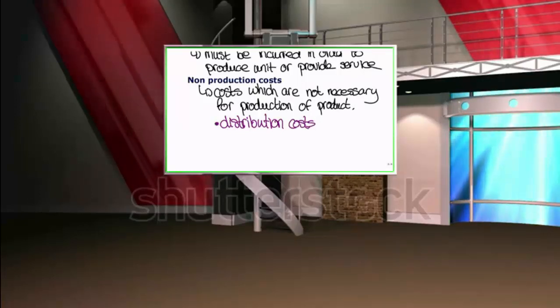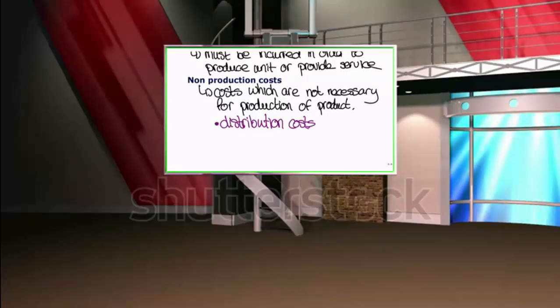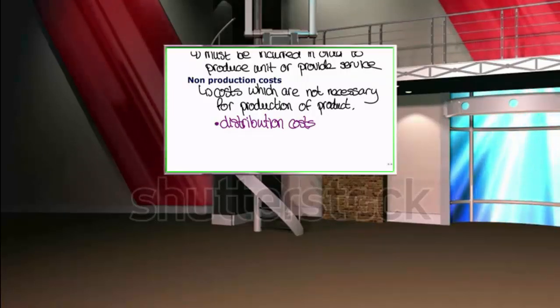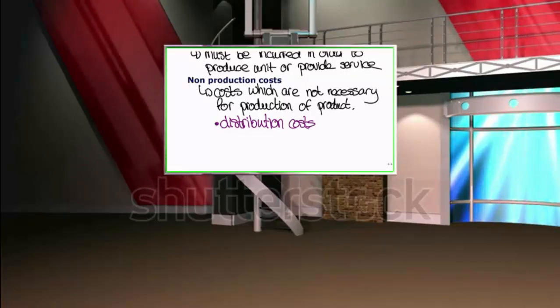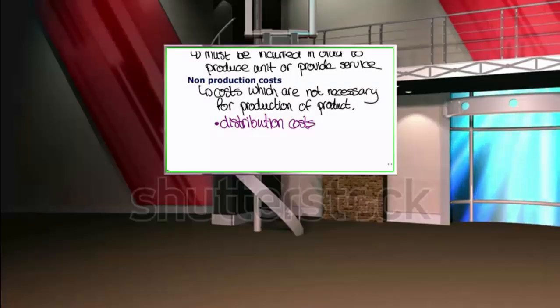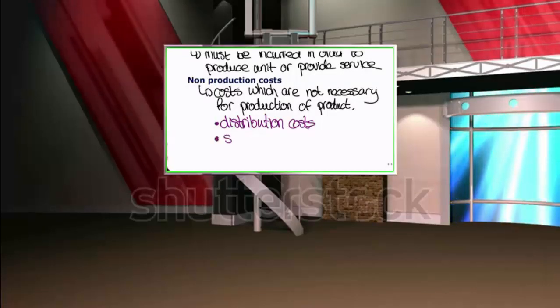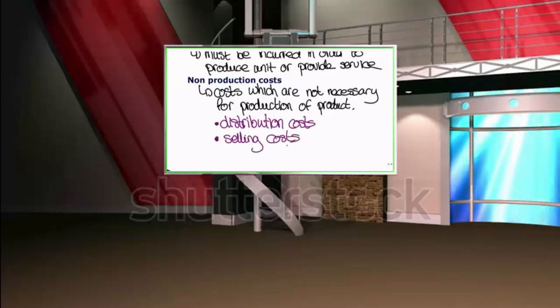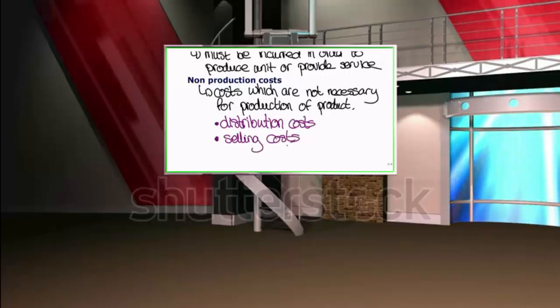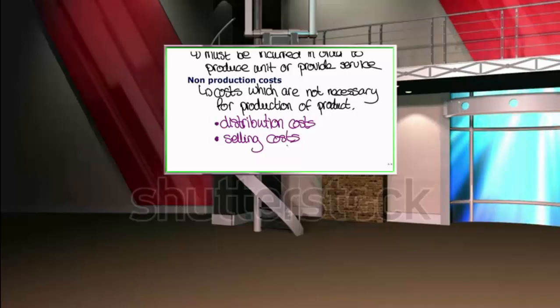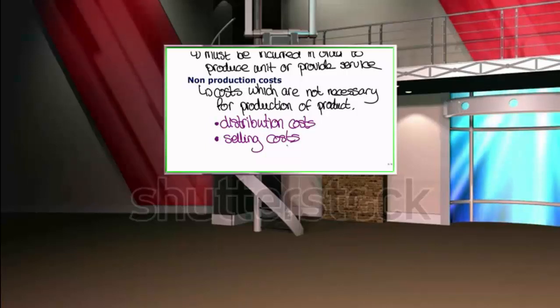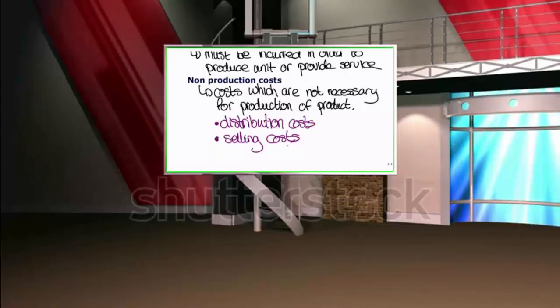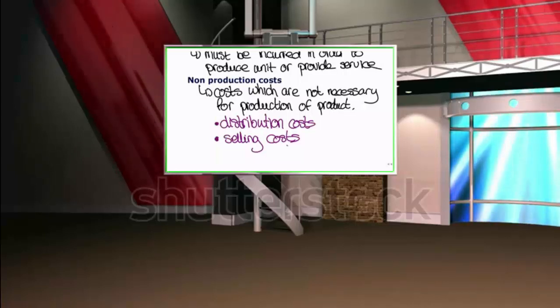However, we are going to have to incur distribution costs in order to get our product from the factory to our customers. Our selling costs. So perhaps we're paying our sales manager a commission for each unit they sell of our product. That would be included in our selling costs.